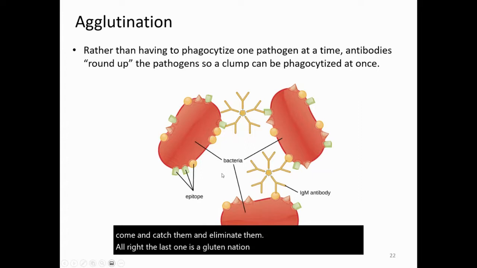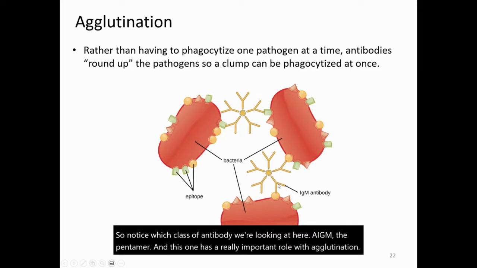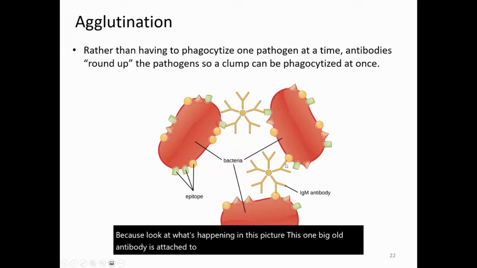We talked about this in lab with a latex agglutination test. So notice which class of antibody we're looking at here. IgM, the pentamer. And this one has a really important role with agglutination because look at what's happening in this picture. This one big old antibody is attached to 2 different pathogens.